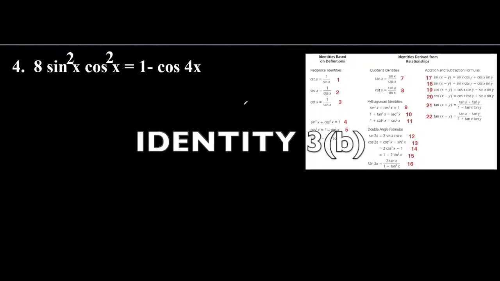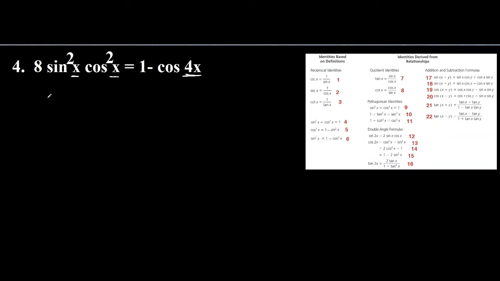Here is an identity where we have an angle of 4x on one side, but on the left side we have just angles x. So it is difficult to create one out of this, because 8 sine square x cos square x. Does it match with something? We can look here, number 12: 2 sine x cos x.